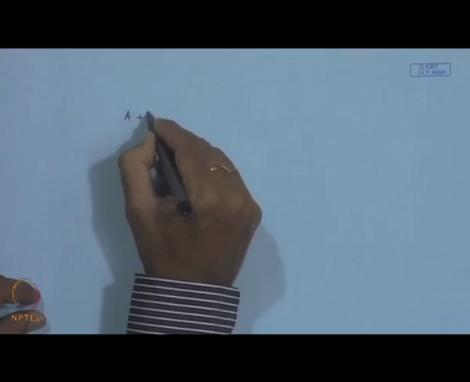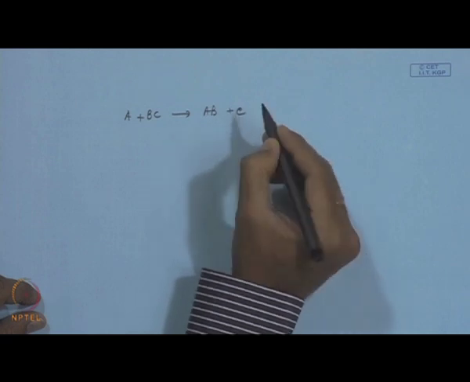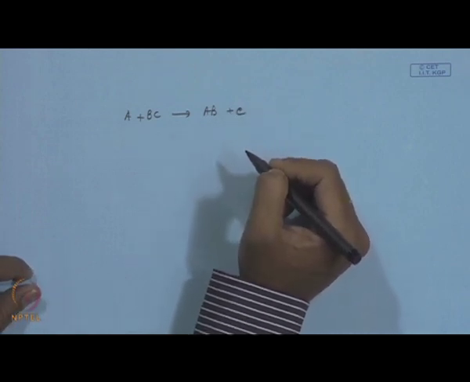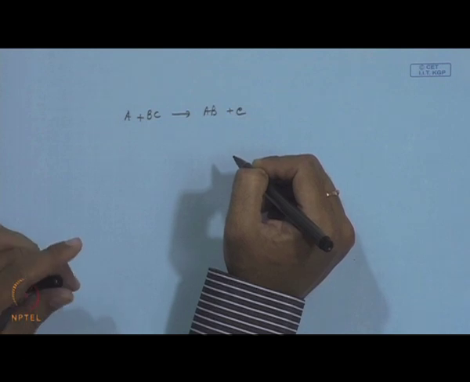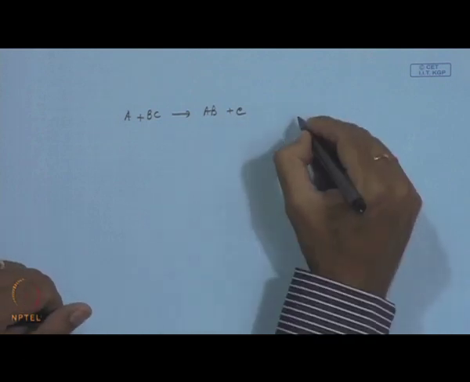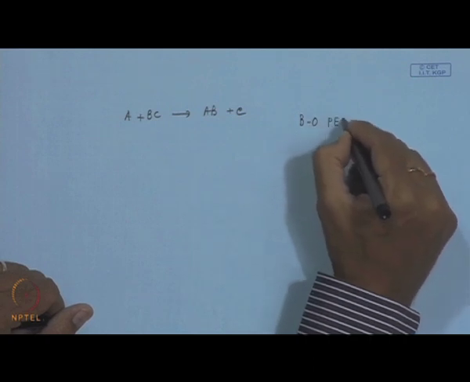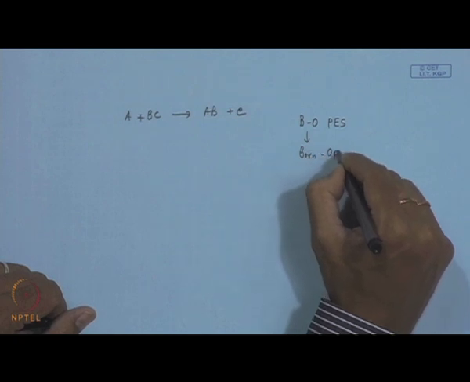Now, simple reactions like A plus BC giving rise to AB plus C. The dynamics of this chemical reaction is very much dependent on the topology of the Born-Oppenheimer potential energy surface.